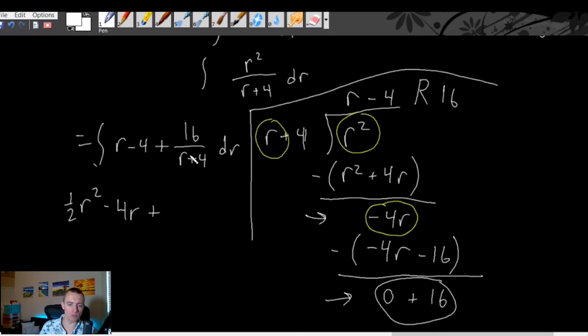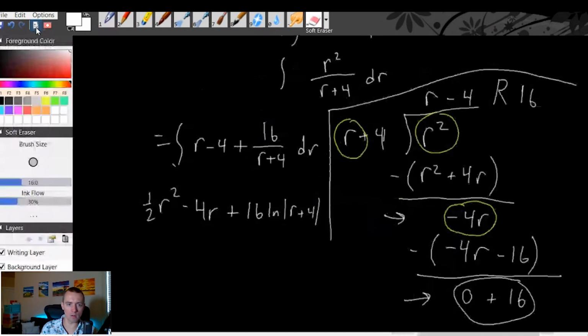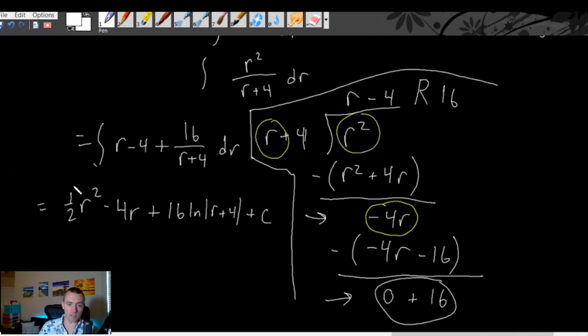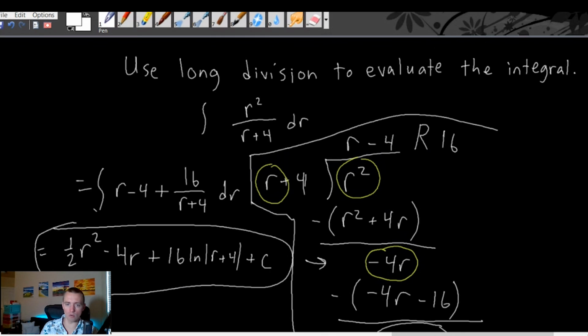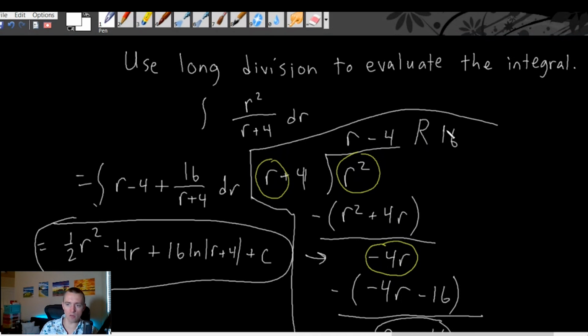And then using that formula I was just talking about a moment ago, we would just have 16 times the natural log of the absolute value of r+4. And then we would just add in a constant, a plus c. So that's it. We've just integrated that function. We were able to use long division in order to simplify this function down into a much simpler thing to integrate and just do it term by term.